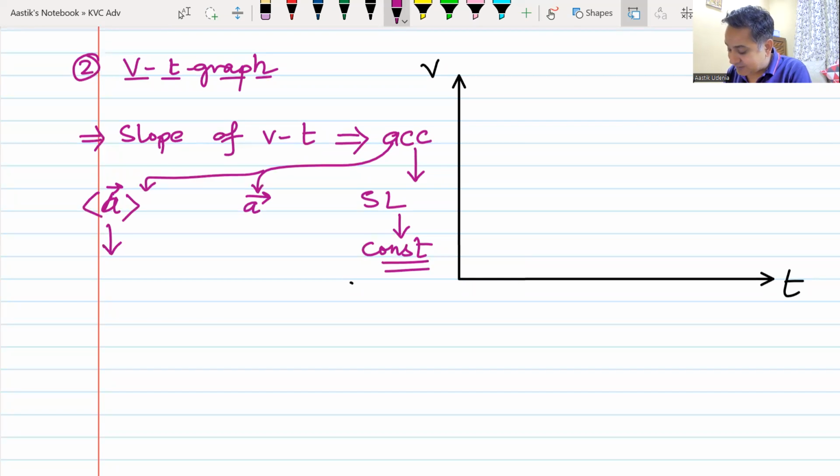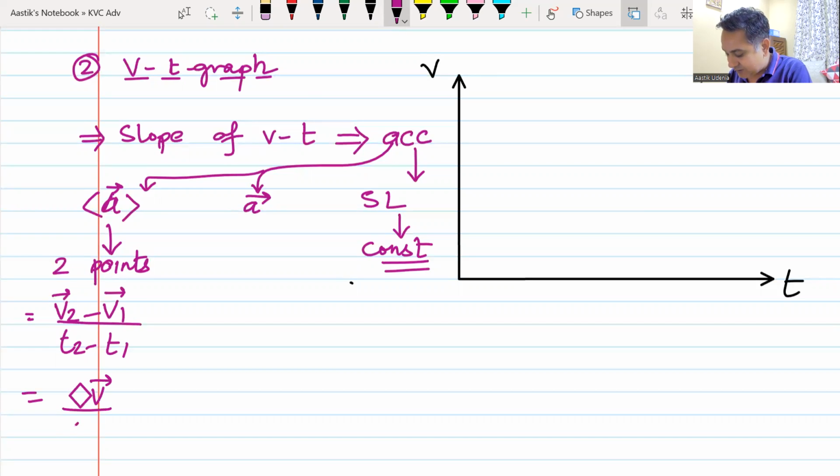How will I get average acceleration? If I find it between 2 points, then I will get average acceleration. So I will write it as v2 minus v1 vectorially divided by t2 minus t1, or I can write it as change in velocity delta v divided by delta t. Do we understand this? Yes or no?